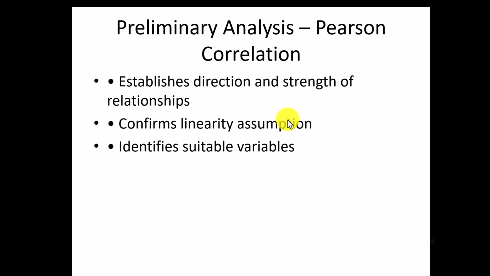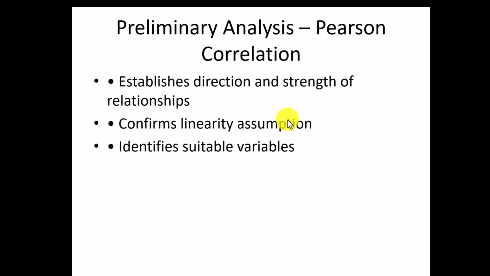Before we do multiple regression, it is good to actually run Pearson correlations to establish the relationship because the first thing we must actually establish is a relationship. That means each of those independent variables must be related to the dependent measure.